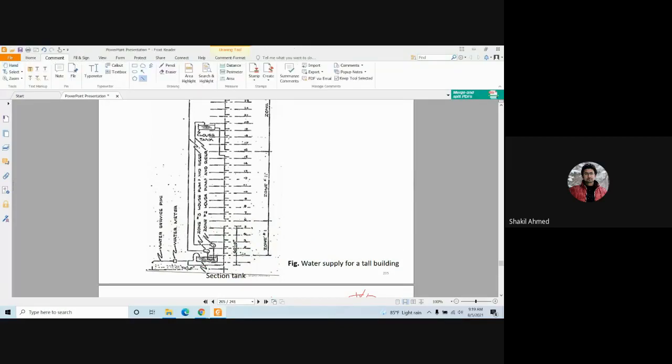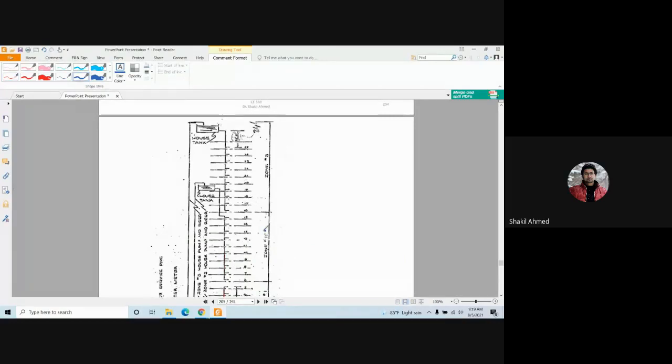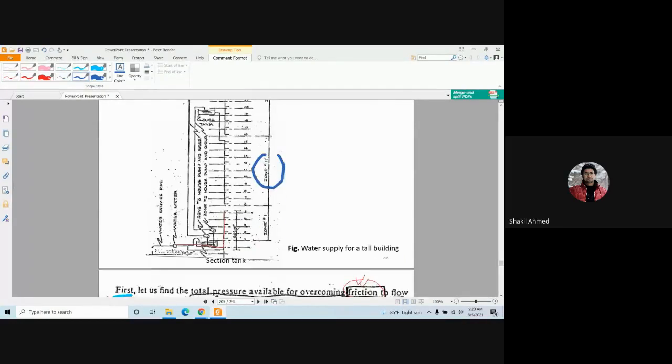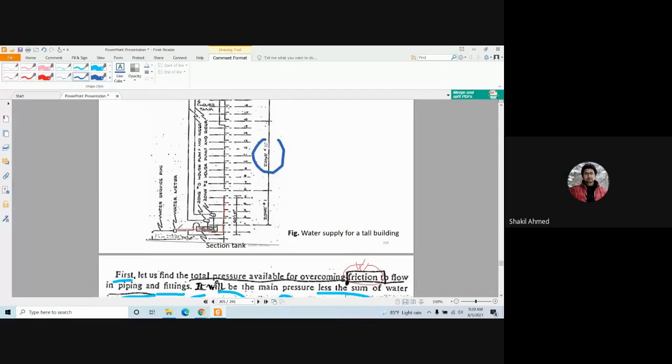So look at this. For zone 1, you are lifting the water through this pipe. For zone 3, for example, you are lifting the water through this pipe.